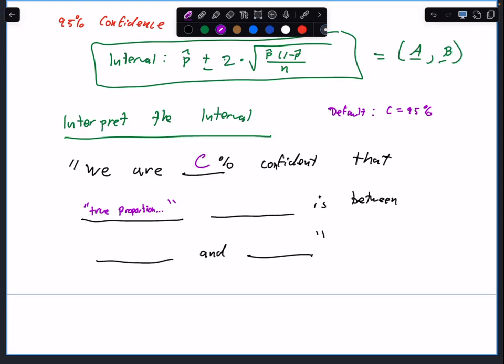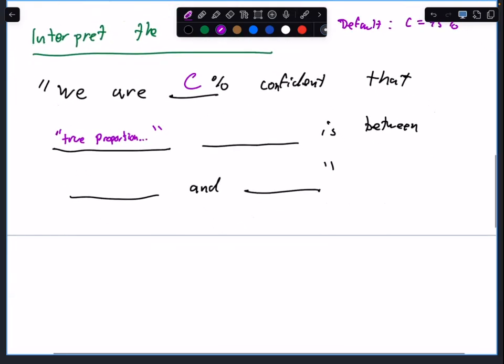Whatever our parameter is, that's what goes right there. Whatever population we are looking at, of RBA students, of adults, who is it that we are talking about? Remember, we should talk about the who, is between A and B. End statement.